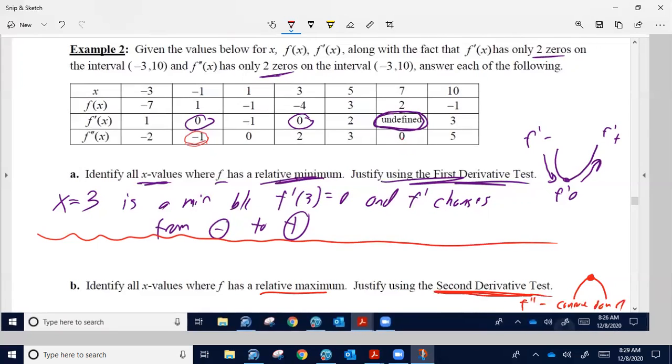It doesn't tell us anything. So I'm going to say x equals -1 is a max because f prime of -1 equals 0 and f double prime of -1 is less than 0. That's your justification.